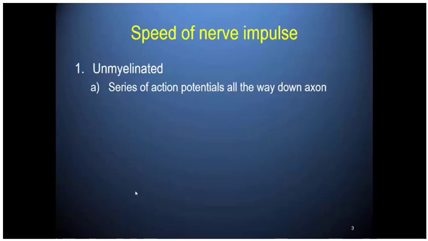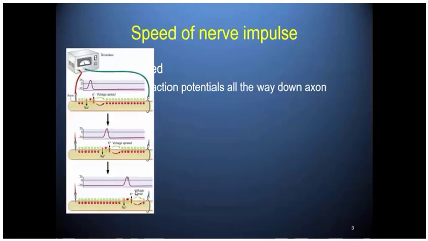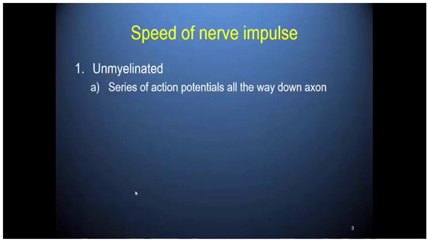Just to touch back to past classes and some terminology. So this is what that photo looks like. That's what this is describing. It is showing us what an action potential, or a nerve impulse, would look like on an unmyelinated axon. Every portion of the axon is having the change in polarity.